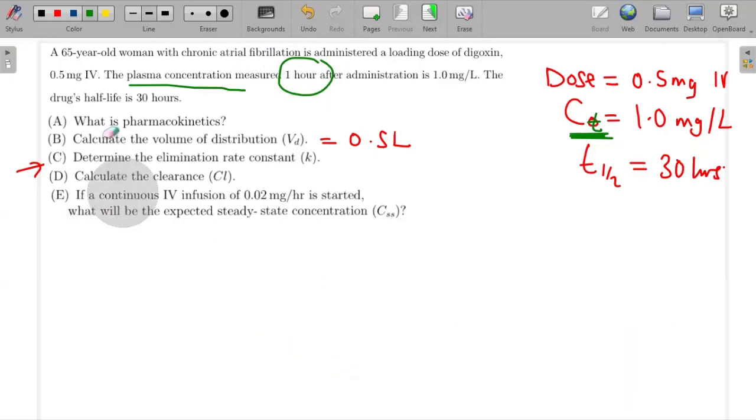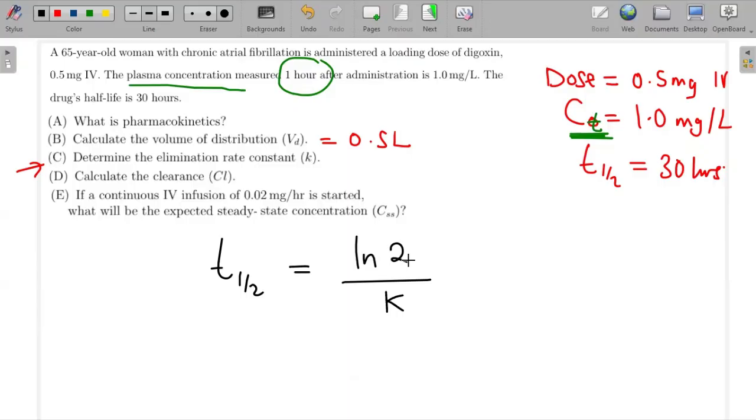I don't know if you've learned this in chemistry already, but for first order kinetics, the half-life is given by T half equals ln of 2 divided by K. This T half is just the half-life, and ln of 2 is a constant, so you can even punch it on the calculator. It gives you a 0.